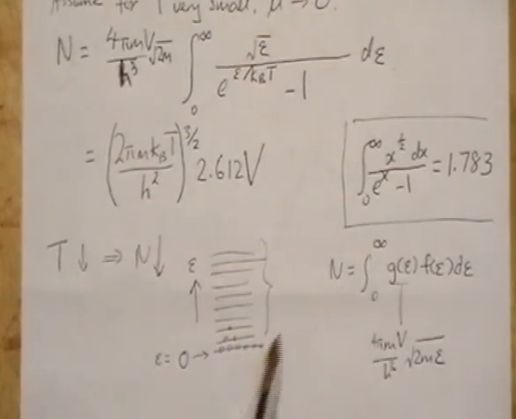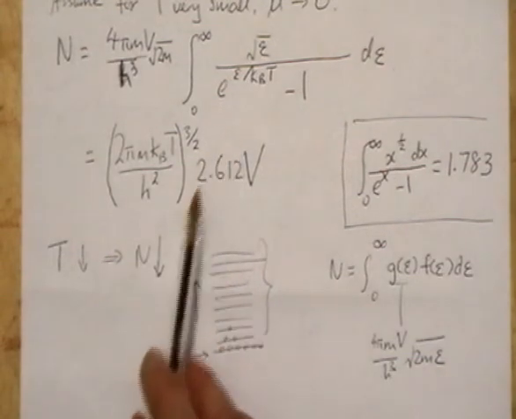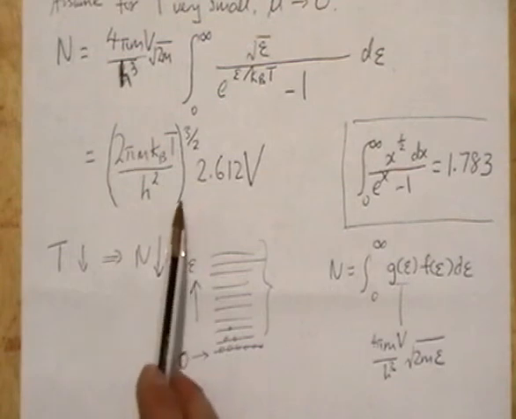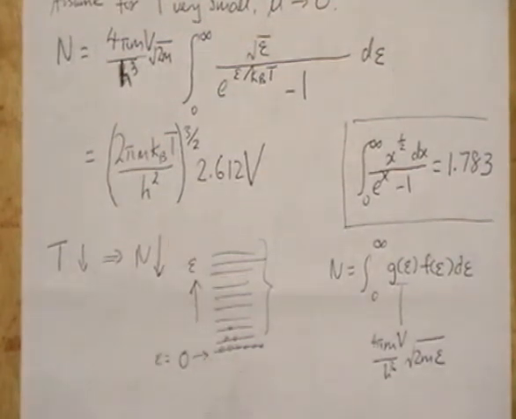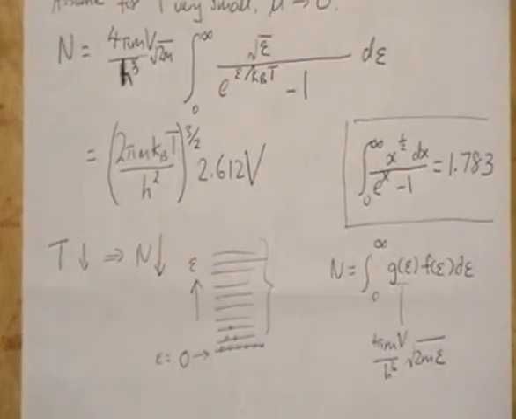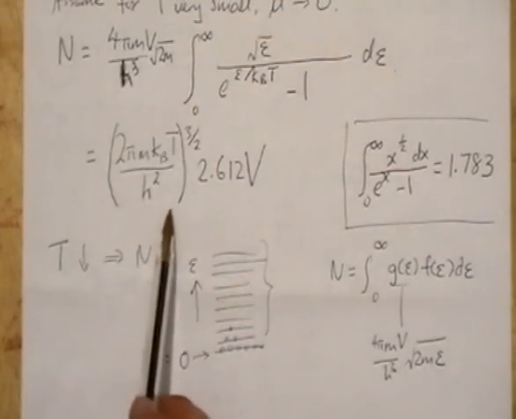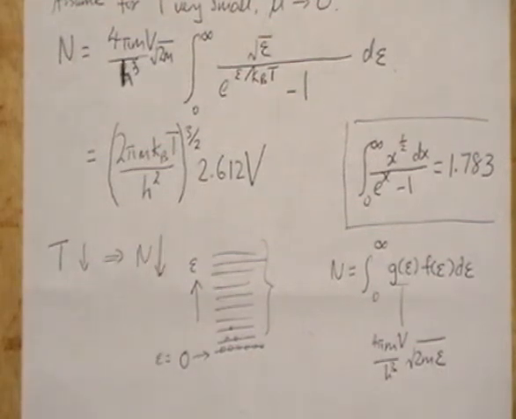And now we understand why this answer would decrease, if we interpret this as particles going into the ground state, and that this represents the particles that are still excited above the ground state.